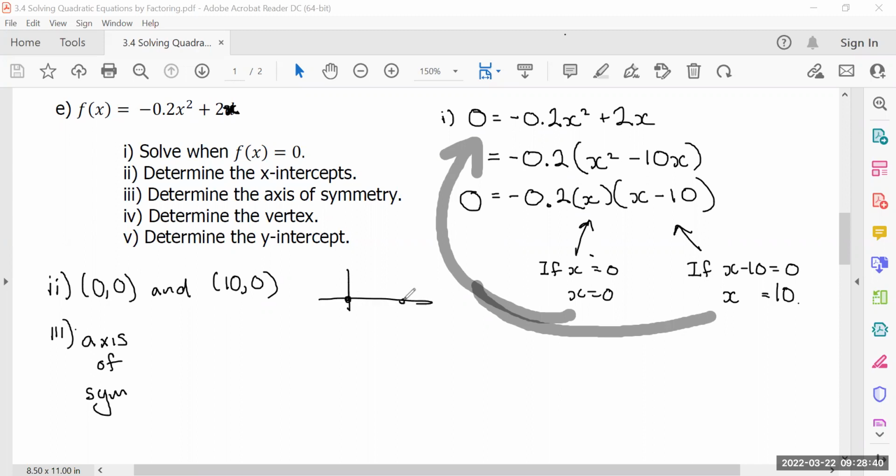So the axis of symmetry is going to be an average of the two x-intercepts. That would be 10 divided by 2, that is a 5. So the equation for the axis of symmetry is just x equals 5.